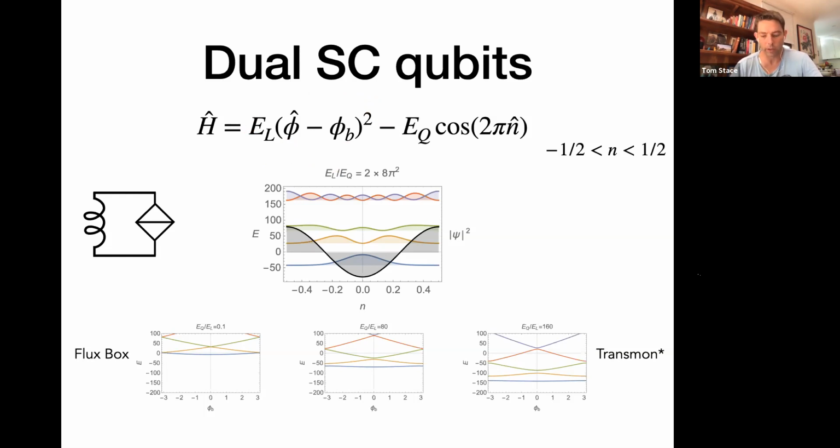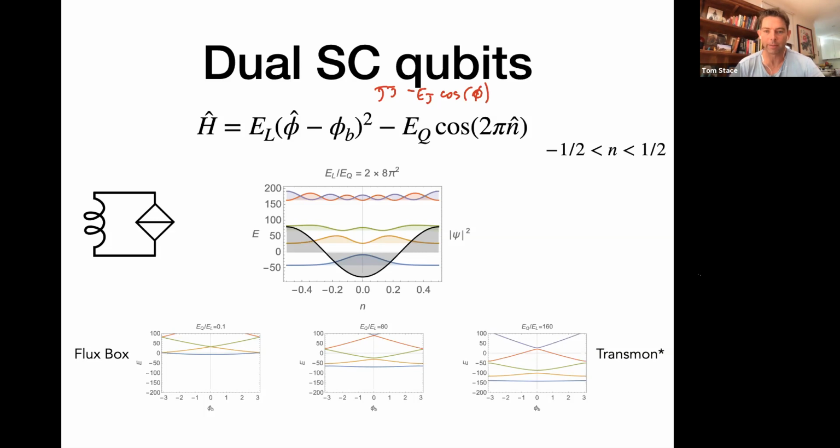Well, again, I have to ask the question, what's the Hilbert space on which these two operators phi and n act? By analogy with the Josephson junction, where I had a term that was EJ cos phi, when I wrote such a thing down, I made an assertion that because the term in the Hamiltonian was 2 pi periodic, therefore phi was a compact variable.